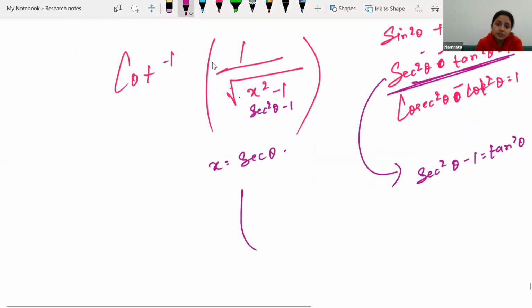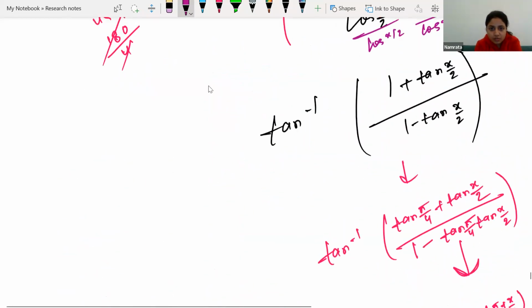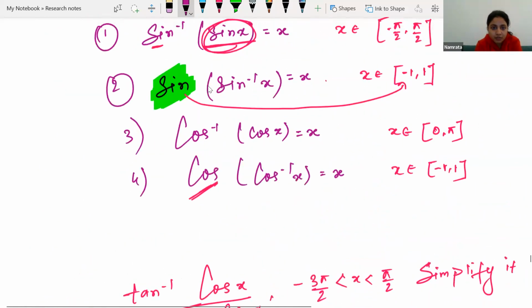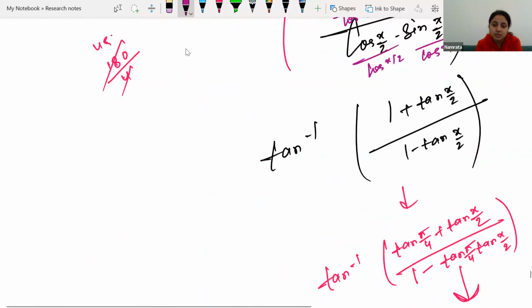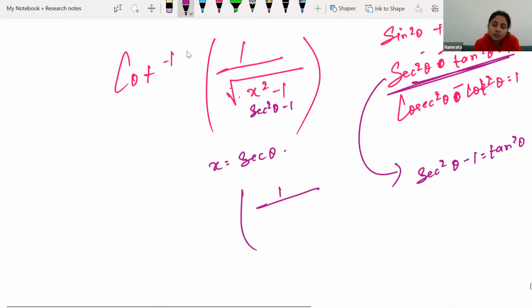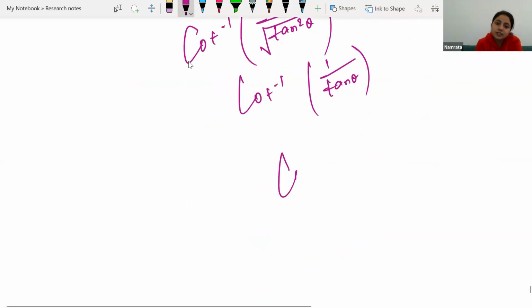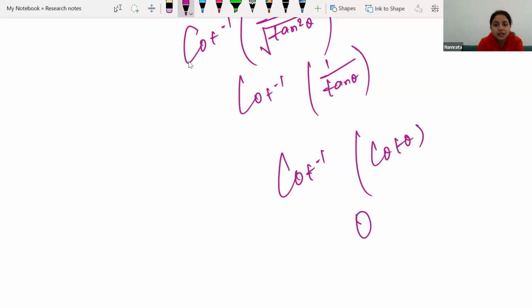So inside the root we have sec square theta minus 1, which will be tan square theta, and outside we have cot inverse. Cot inverse outside and 1 by tan inside. So we have cot inverse, and 1 by tan is cot. And yes, we are done.